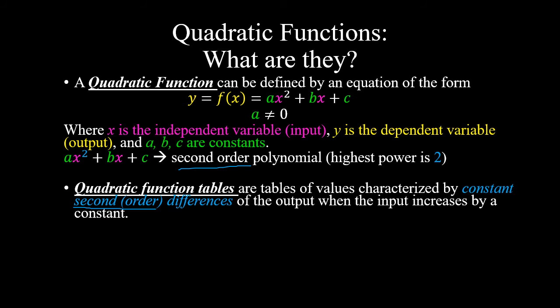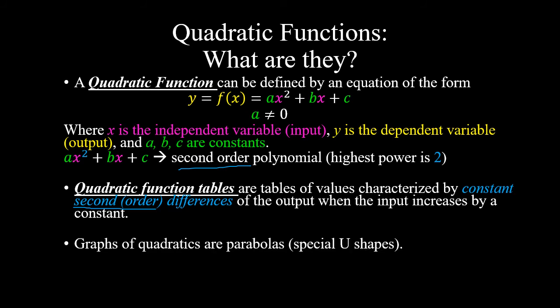But when we then figure out the differences between those, they will be constant as our input is increasing by a constant. Graphs of quadratics are parabolas, those fun little U shapes that will either be concave up, pointing up like a smile, or concave down, pointing down like a frown, okay? Those parabolas. And parabolas, we learned, are very useful in the real world. So quadratic functions are incredibly useful in real life.